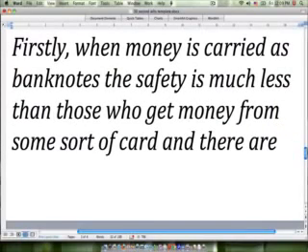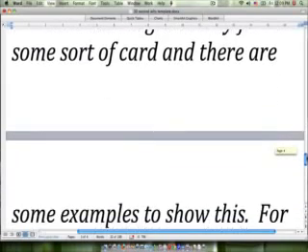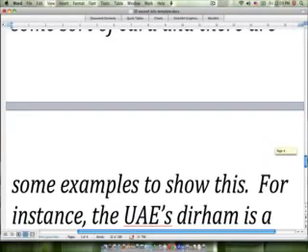Firstly, when money is carried as banknotes, the safety is much less than those who get money from some sort of card, and there are some examples to show this.